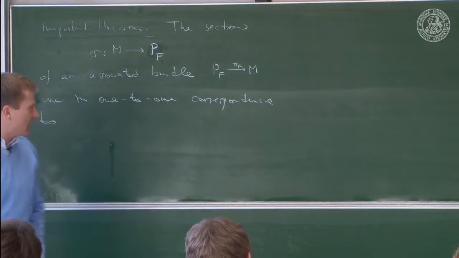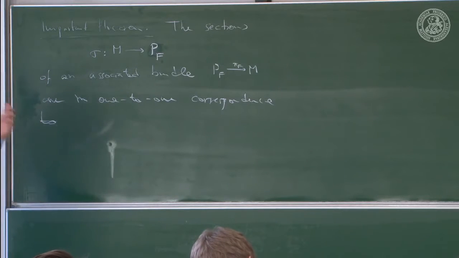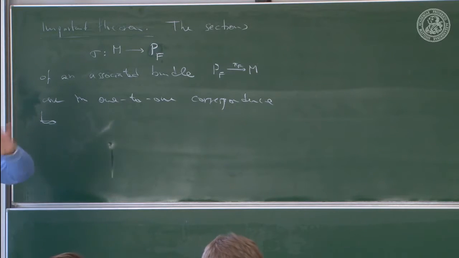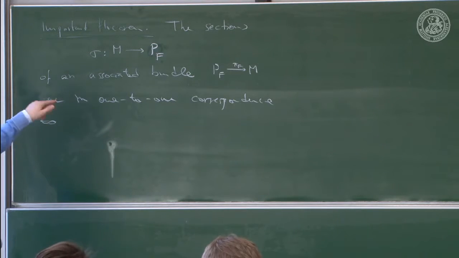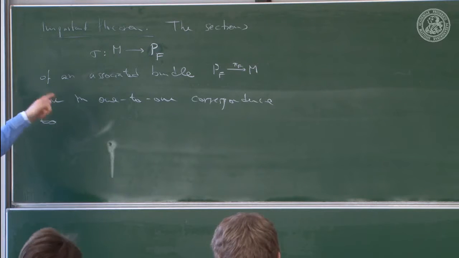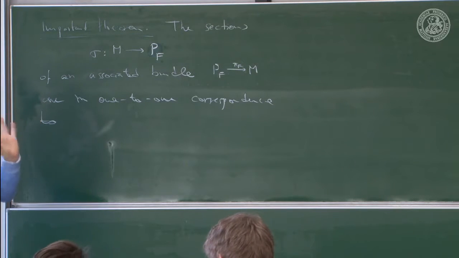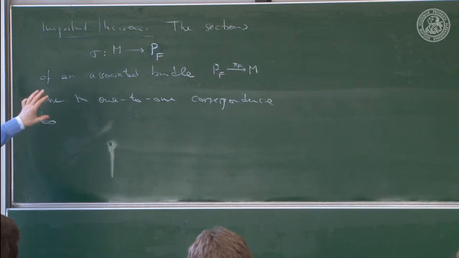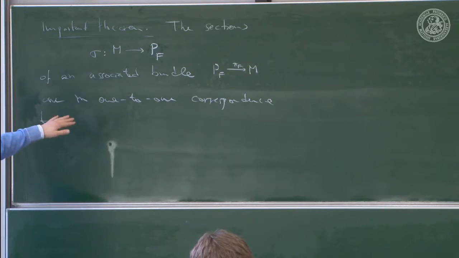But whatever comes, it will be a precisely equivalent idea of thinking about sections of an associated bundle. For instance, if we talk about sections of the tangent bundle, we know these are the vector fields. If we consider the tangent bundle as an associated bundle, we add some more structure and think about how the frames transform, then we will be able to think of vector fields in yet another way.